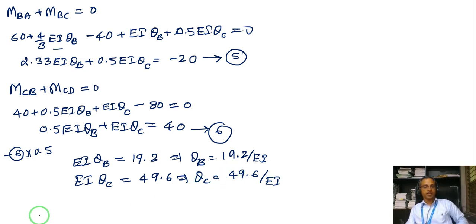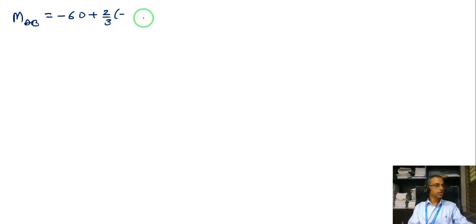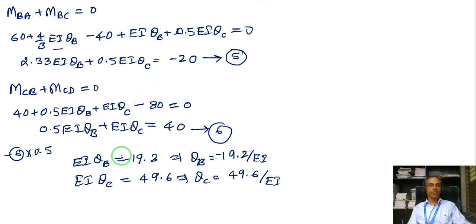By substituting theta B and theta C in the final equations, MAB is minus 60 plus 2 by 3 into EI theta B. Here EI theta B is equal to minus 19.2, which means theta B is minus 19.2 by EI, that correction.